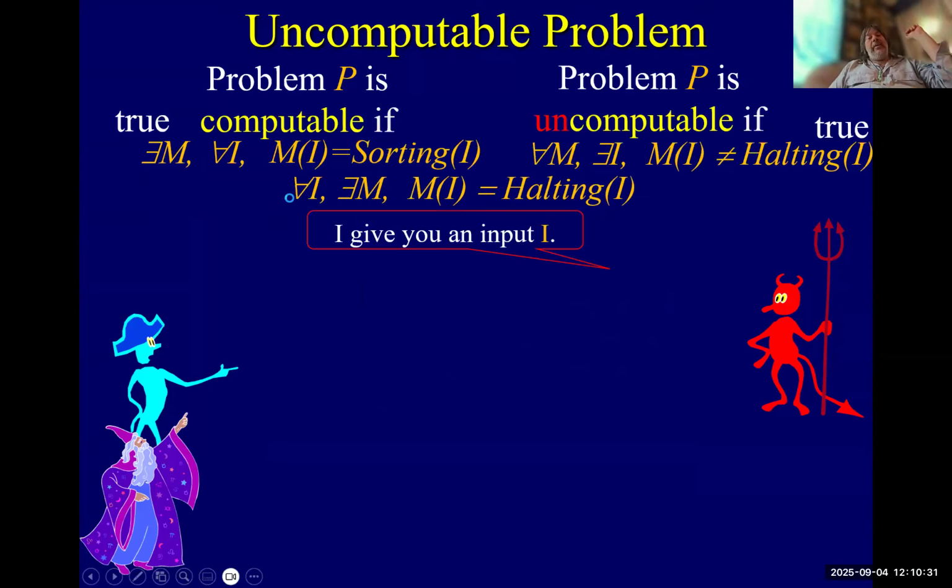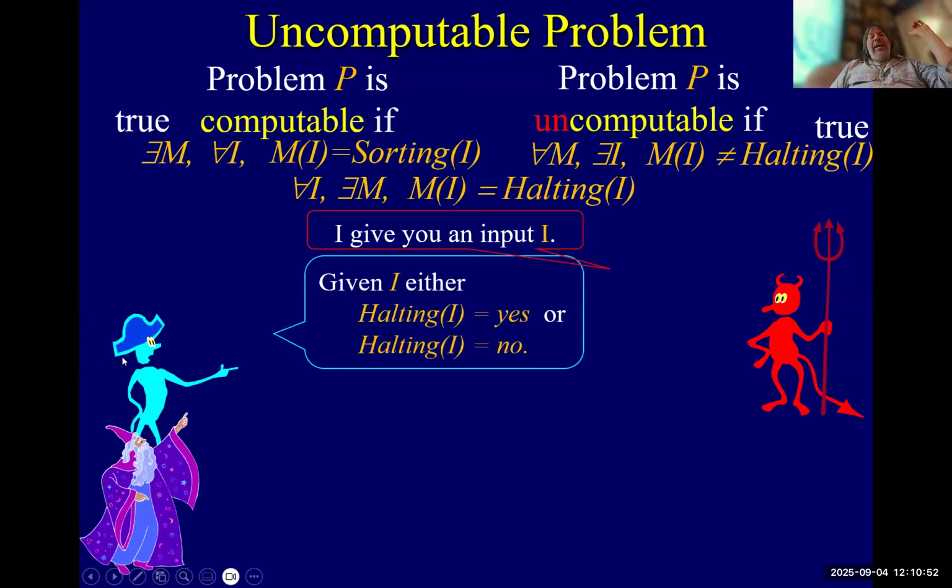The adversary gives me an arbitrary input to the halting problem, right? What's the input to the halting problem? You give it a Turing machine and an input to that Turing machine, and you want to know yes or no, does that Turing machine halt on the input? But we don't have to worry about that. All I know is I'm given an input to the halting problem, and I don't know whether it's a yes input or a no input.